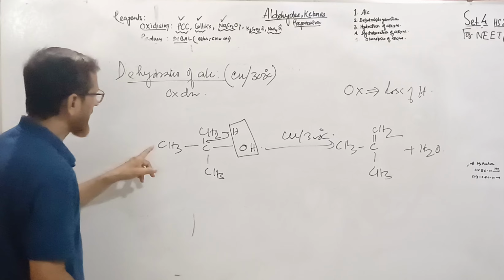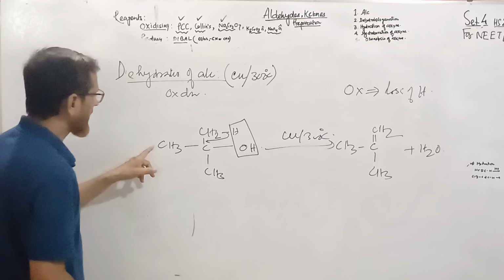But in this case, the fact is that elimination occurs. There is no hydrogen for oxidation, so hydrogen will not be eliminated out in place of oxidation. Here, OH and H combine and leave as water, and the double bond forms this way. You will get CH3 C double bond CH2 CH3 plus water.